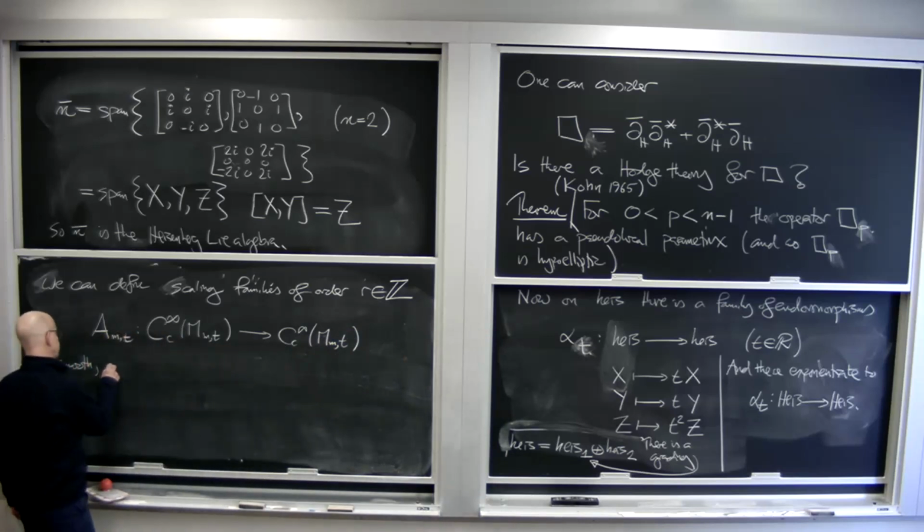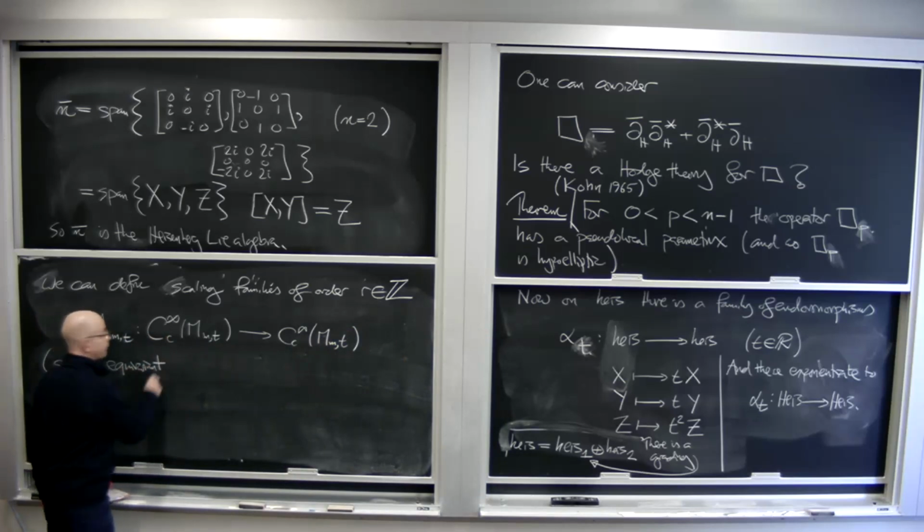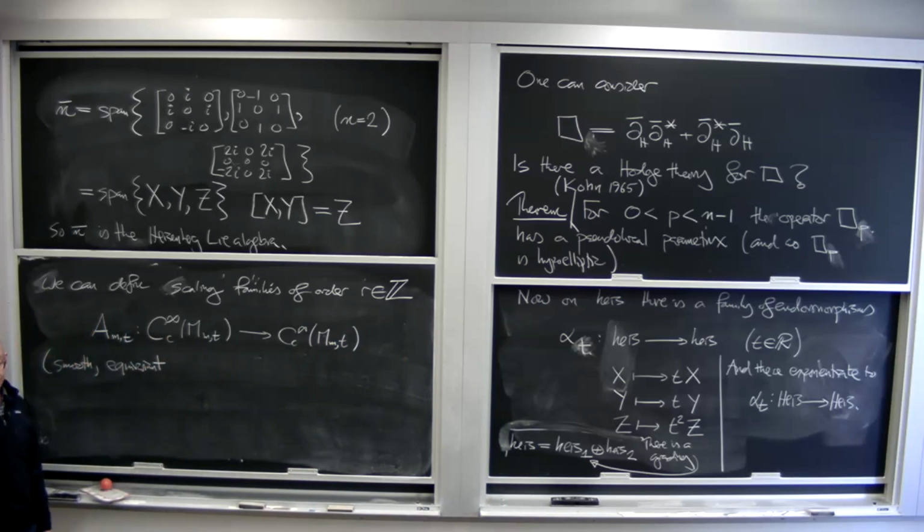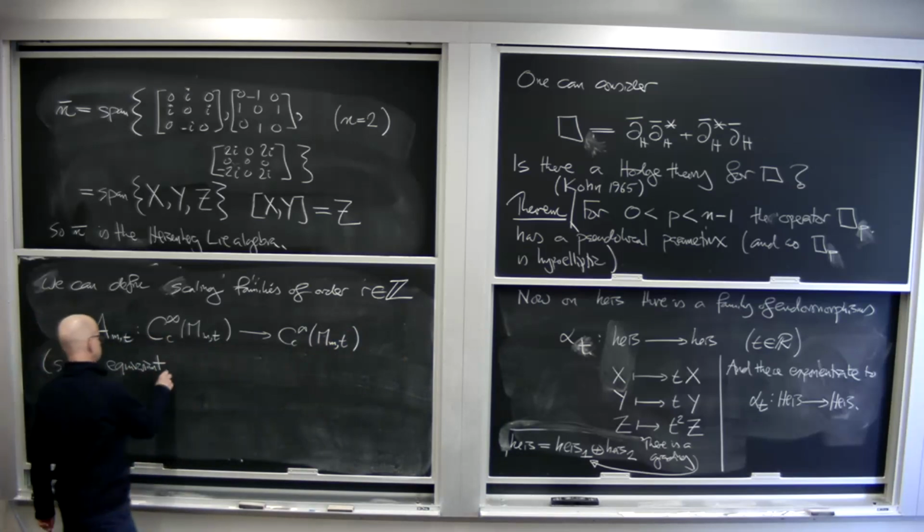Okay, so these fellows are supposed to be smooth, in the sense that we discussed earlier. It's supposed to be an equivariant family for the groupoid action.